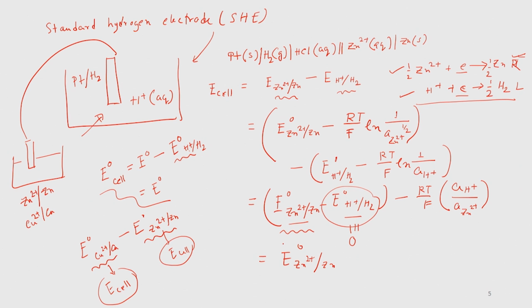Now, for the standard hydrogen electrode, this also we can make close to 1, but this is not necessary. You can always measure the activity, because you can write the activity in terms of activity coefficient times the mole fraction, and you can also measure the E cell, and thereby you can measure the E0 of zinc 2 plus zinc.